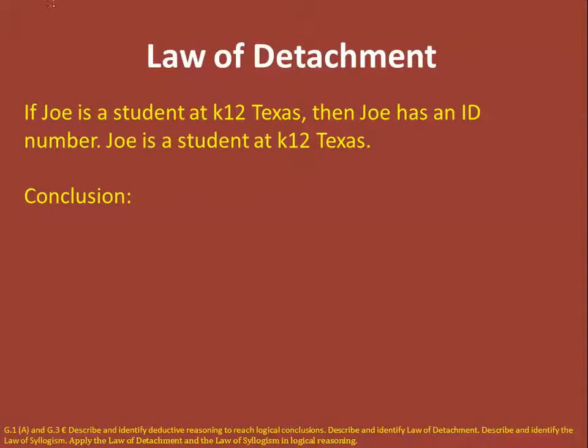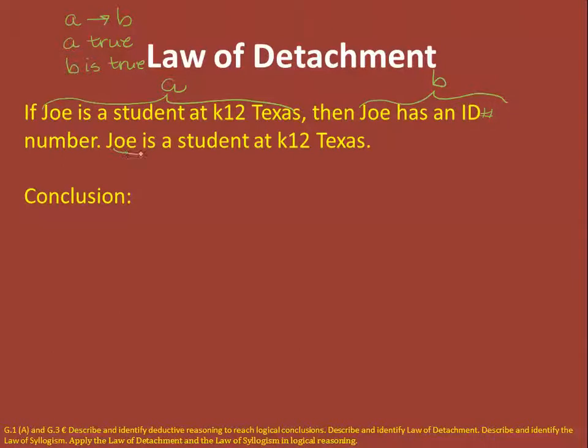For the law of detachment, you're going to say, if A, then B. If A is true, B is true. Let me show you what A and B are. Joe is a student at K-12 Texas. That's A. Joe has an ID number. That's B.